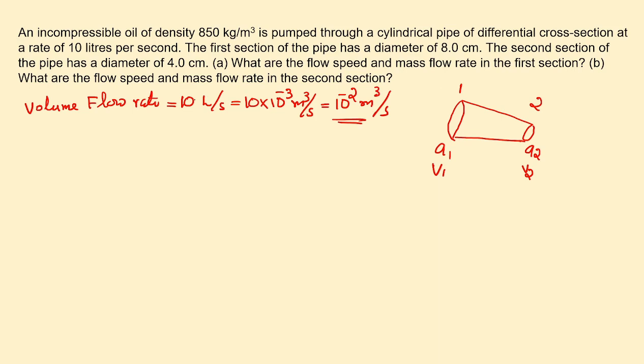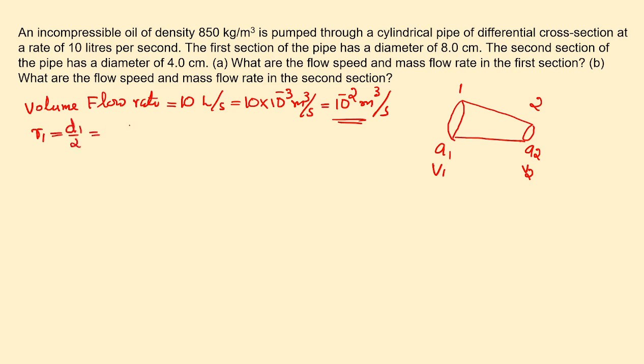Okay, let us write the two radii. For the first section, the radius R1 is equal to D1 by 2.